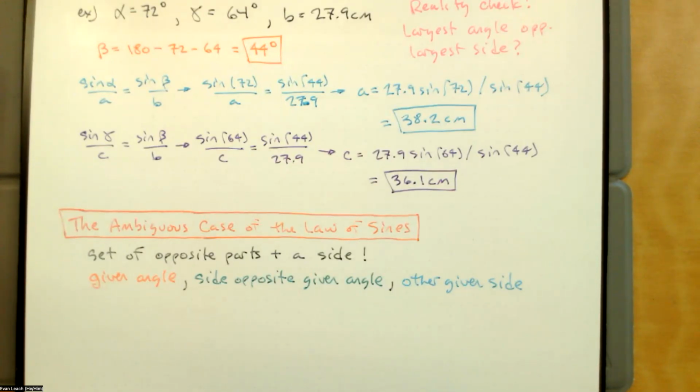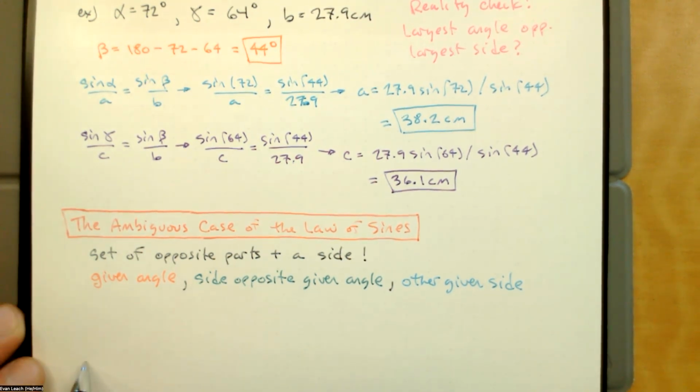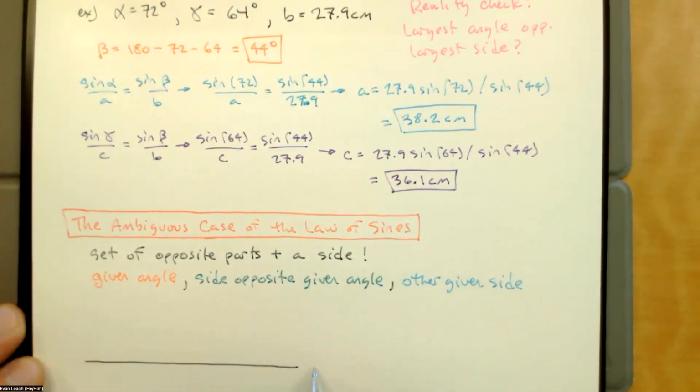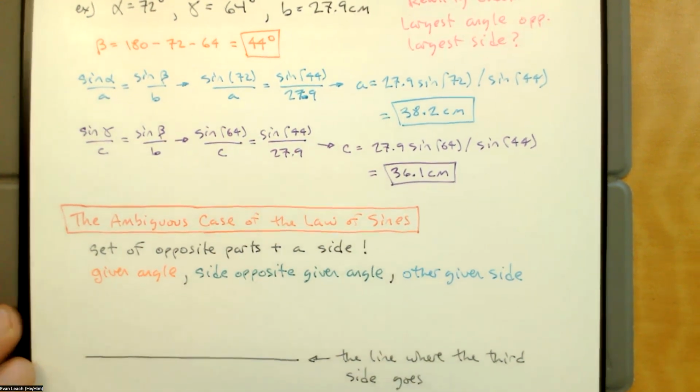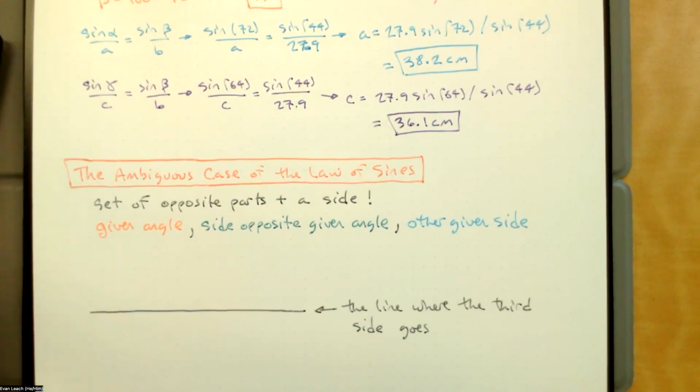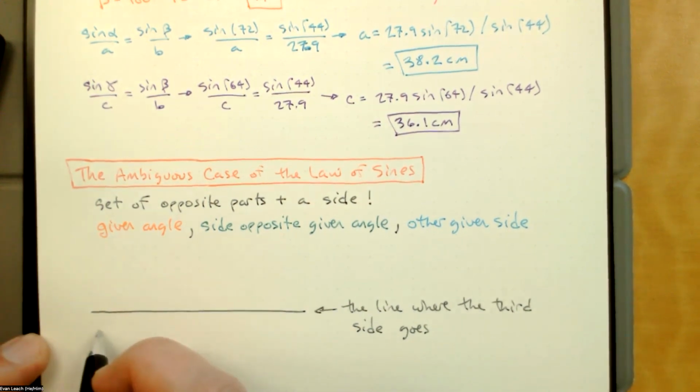Let's draw a picture of what's going on. Let's start off by drawing the line where the third side goes. Then in this corner, I'm going to write the given angle.